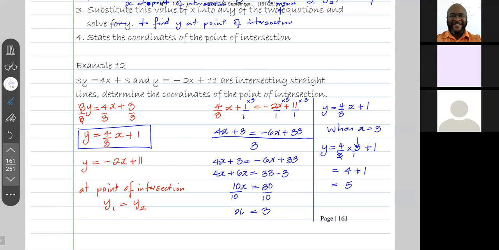So at the point of intersection, x is equal to 3 and y is equal to 5. So guys, (3, 5) is the point of intersection.